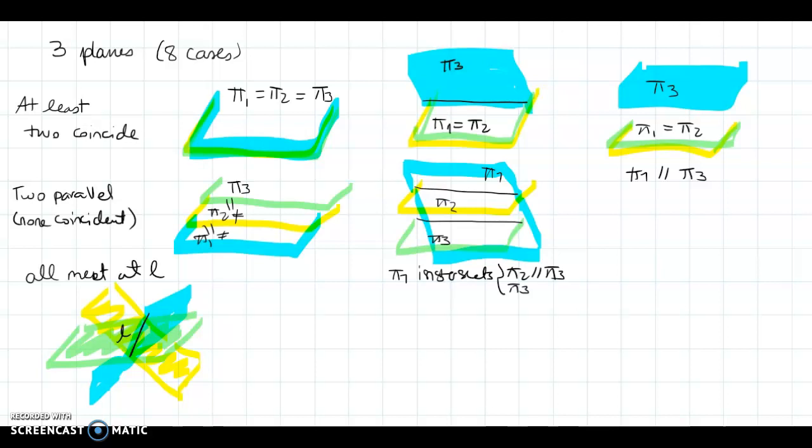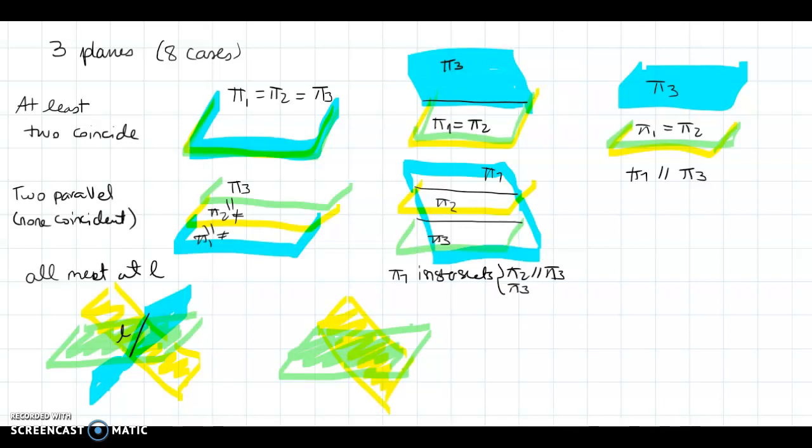We could also have the case that actually they all meet at a point. So we're going to start the picture the same, with the first 2 planes intersecting at a line. But now let's change the third one.